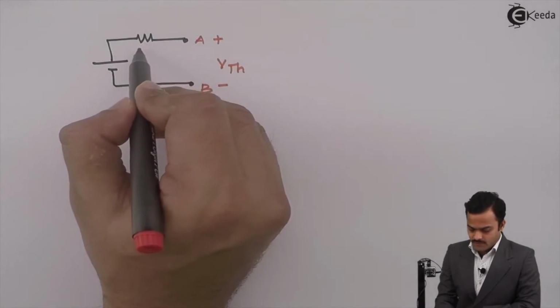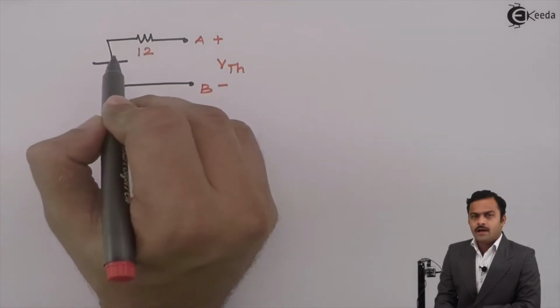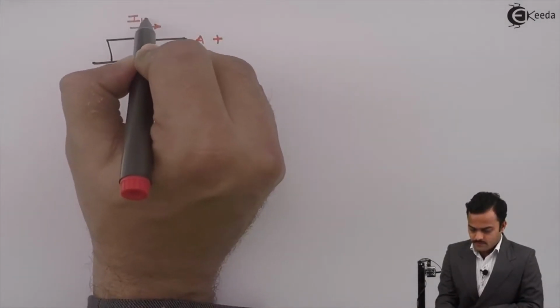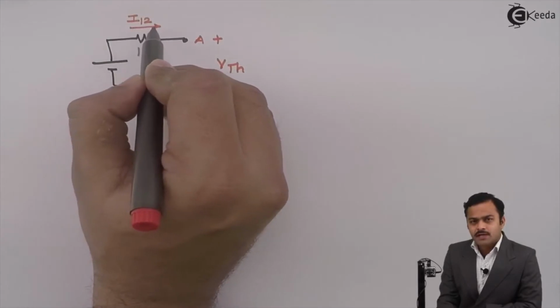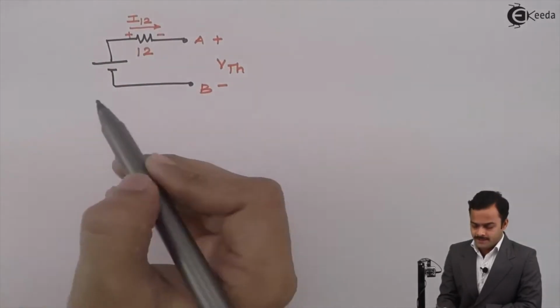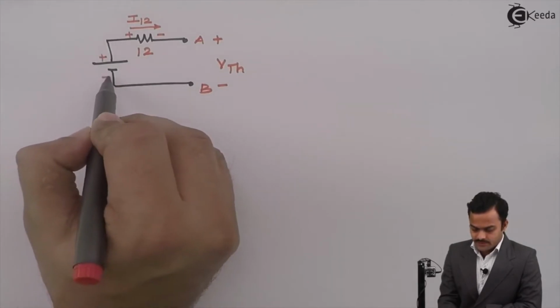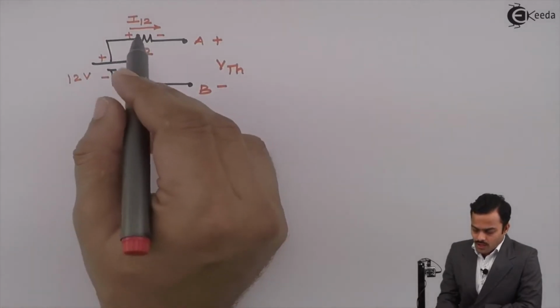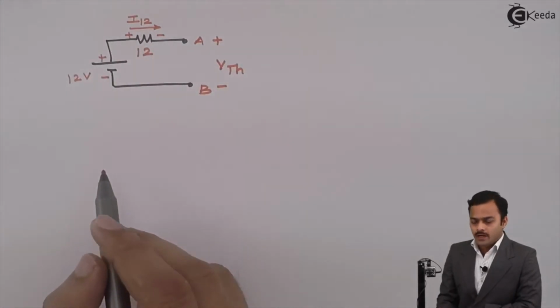Here resistance is of 12 ohm and current flowing through this 12 ohm resistance we assume like this. If this is the direction of current we have assumed, voltage gets developed of this polarity. Anyways, this is a fixed polarity voltage of 12 volt. So I should know what is I12.